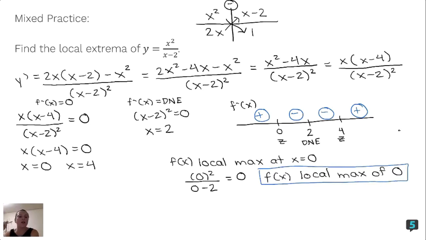All right, now we need to look for where f of x changes from decreasing to increasing. What x value is that going to happen at? Good. So f of x is going to have a local minimum at x equals 4.